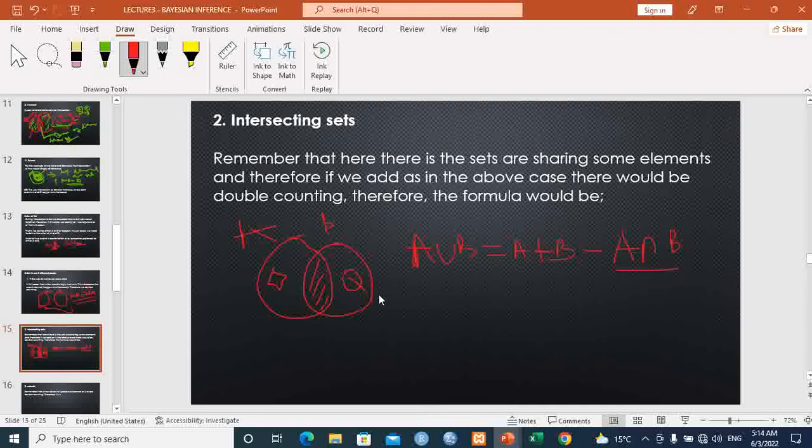If you count all queens and all diamonds without subtracting this, there will be double counting for the elements which are here, and that is what we want to avoid. So that is how we find union of sets for intersecting sets.